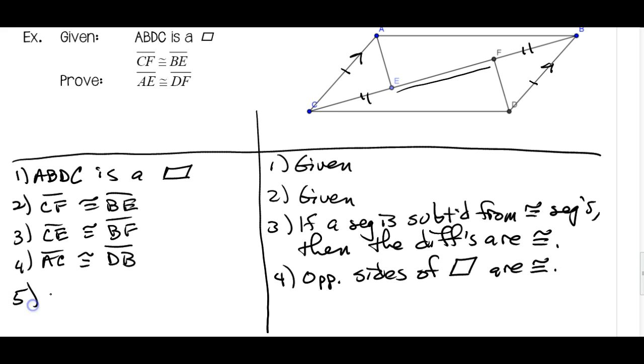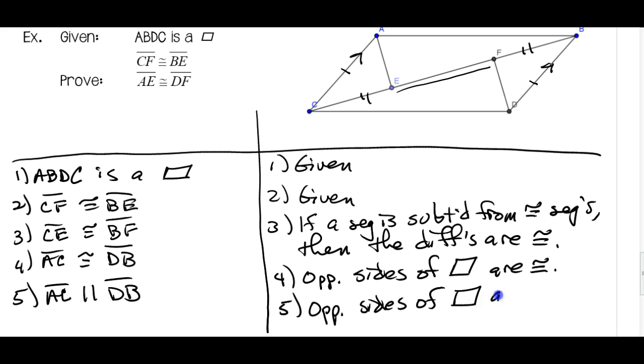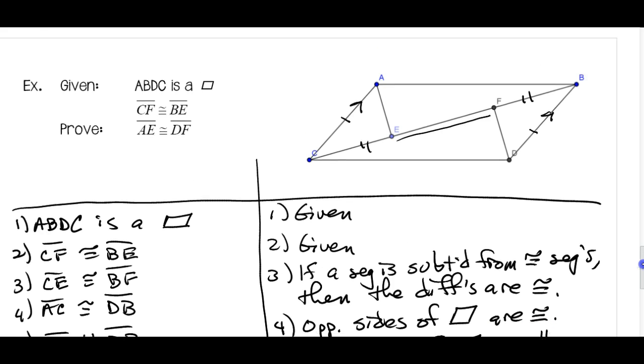And I've also got that AC is parallel to DB because opposite sides of a parallelogram are parallel. So now that I've got these opposite sides parallel, if I take a look here at angle 1 and angle 2, hopefully you can see what kind of angles these are.